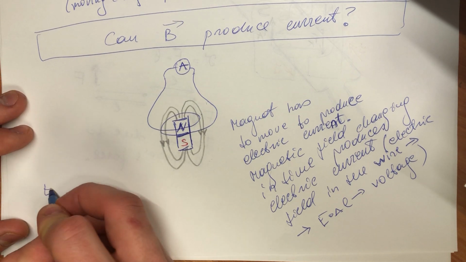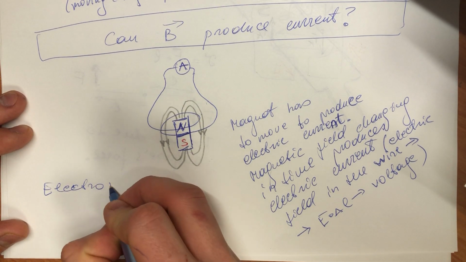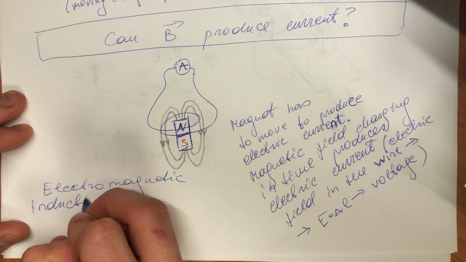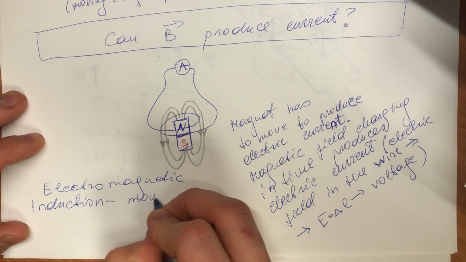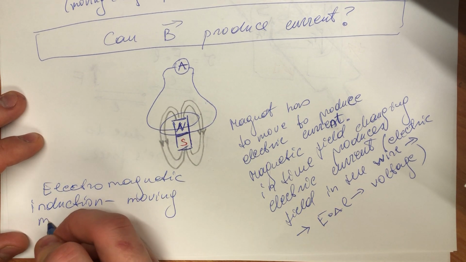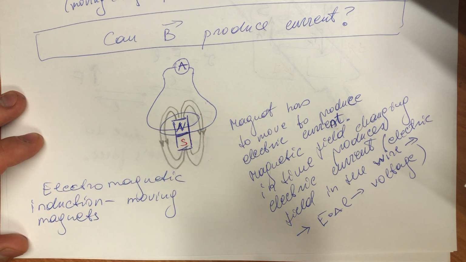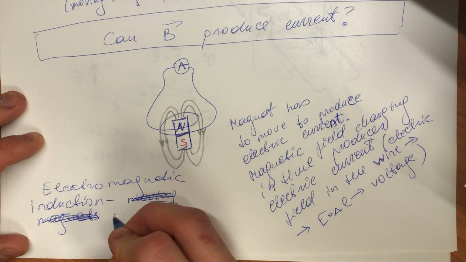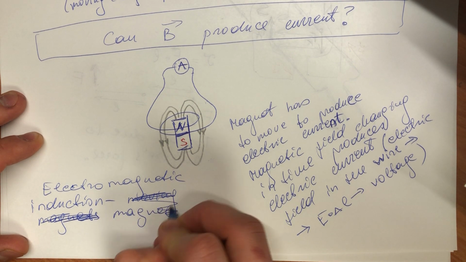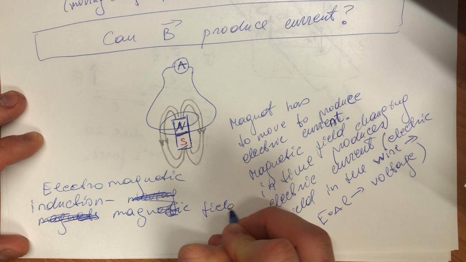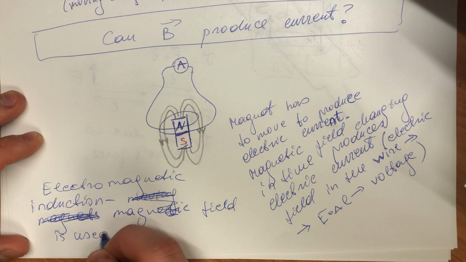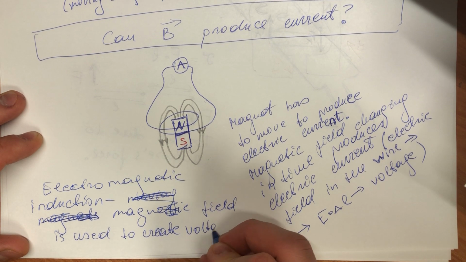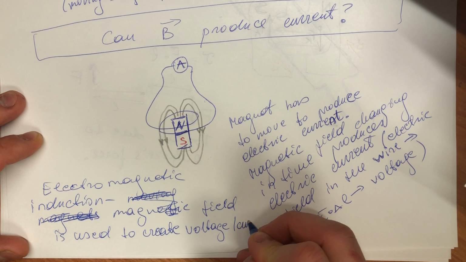Electromagnetic induction means that magnetic field is used to create voltage, or if there is voltage, there will be current.